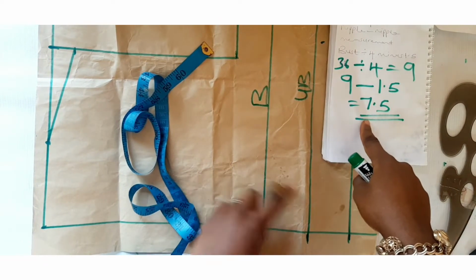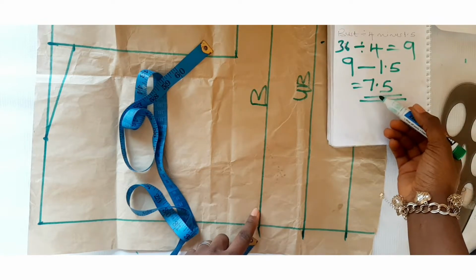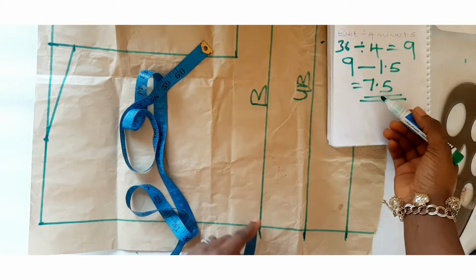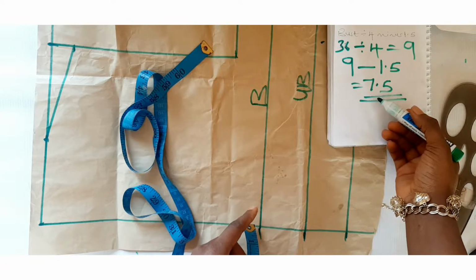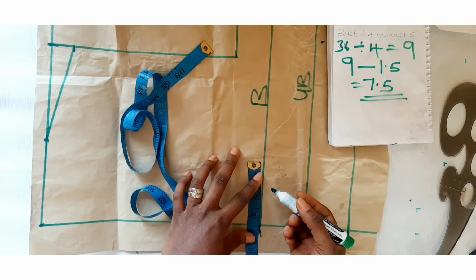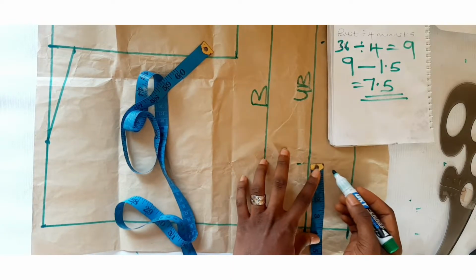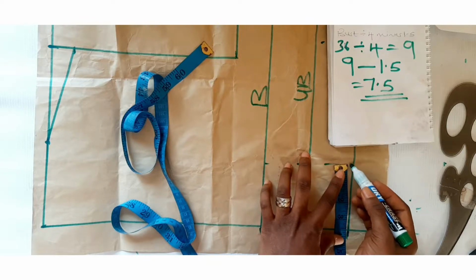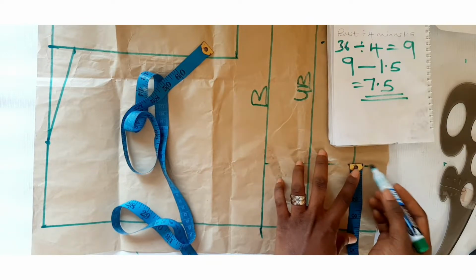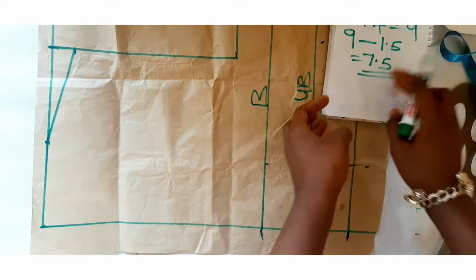When you divide it by 2, you input it here. This becomes your bust span. With this measurement, you won't make any mistake.